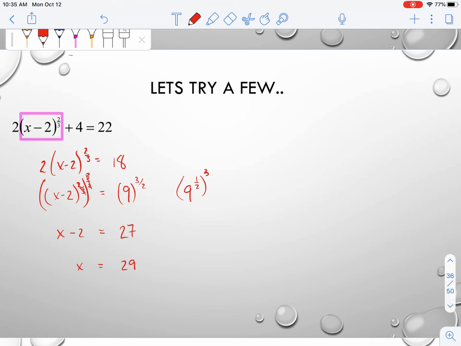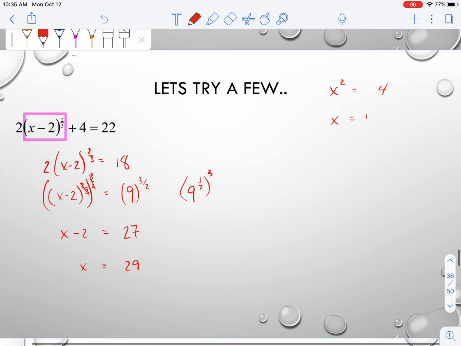Now, there's one thing, and if you go back, remember when we had x squared equals 4. And if I take a square root of both sides, remember that when I took a square root of both sides, I needed a plus or a minus, and here I got a plus or a minus 2. Notice that part of what we have here, if I look at that x minus 2 to the 2/3, if I rewrite this like that, don't I right here have a quantity that's squared?